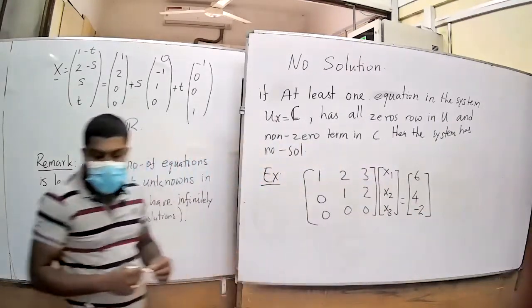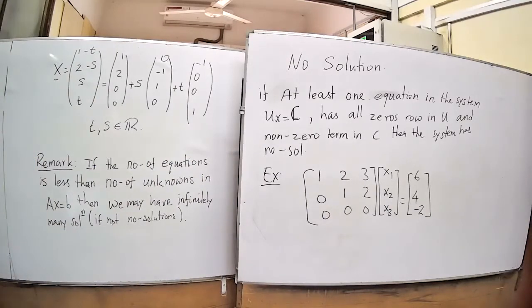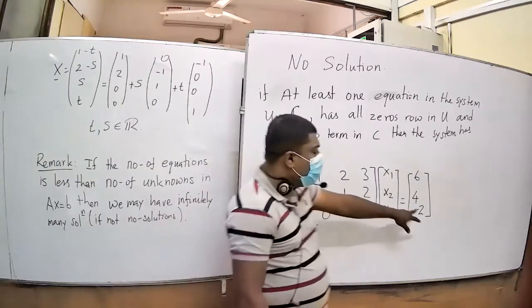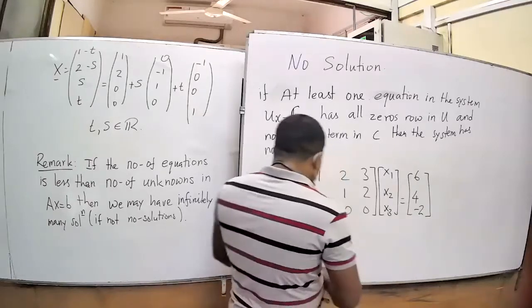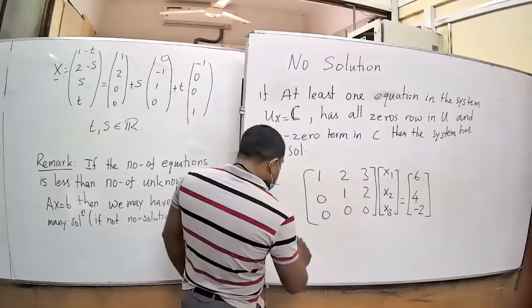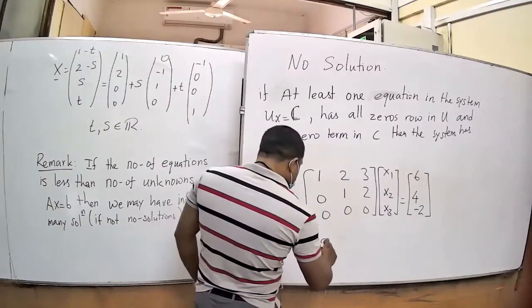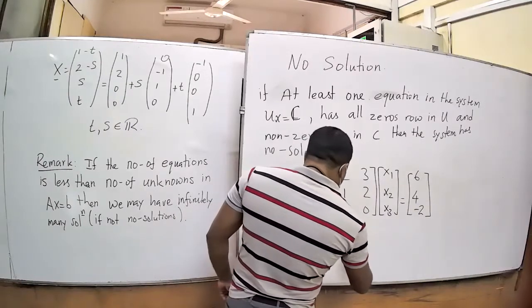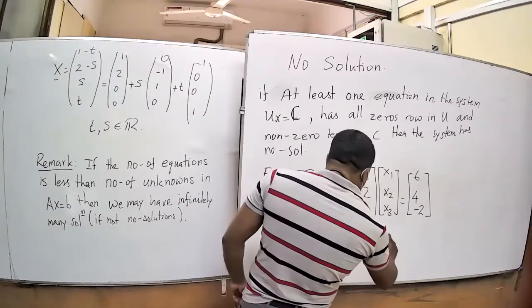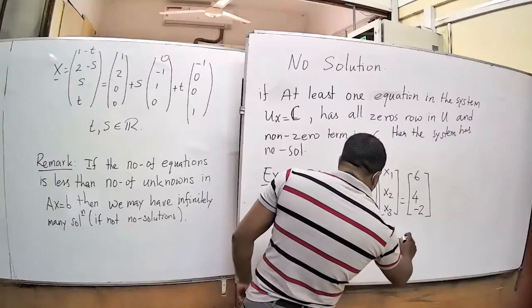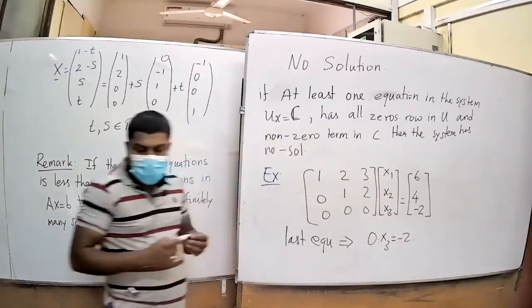If you look at this system, after converting it into an upper triangular system, you have the last row all zero on the matrix, but the right hand side is not zero. So the last equation gives you 0 times x3 is equal to minus 2, right?